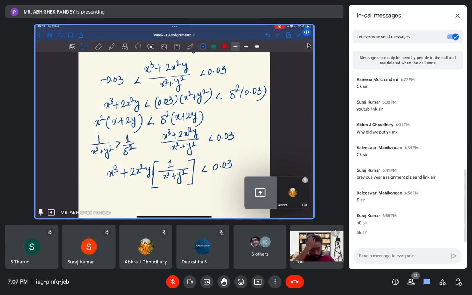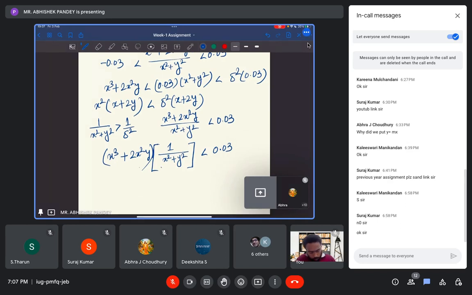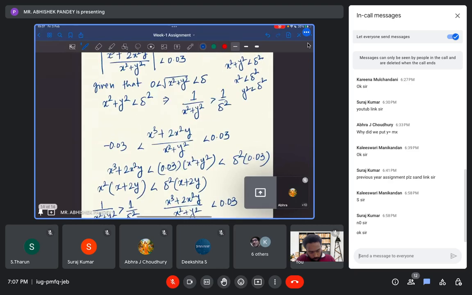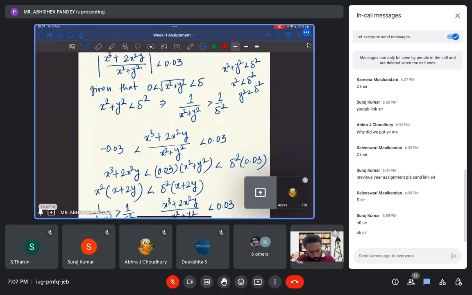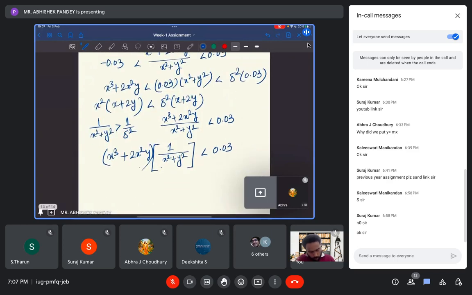Okay, so this is greater than 1 by delta square, and you need to find this quantity so that this into this has to be less than 0.03. For that we need something here.